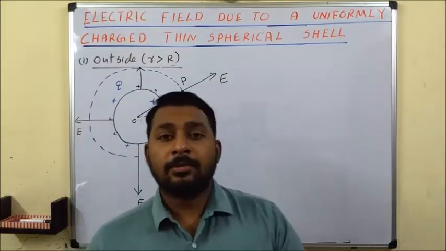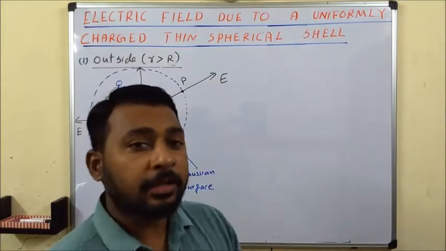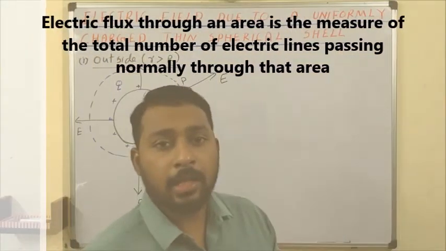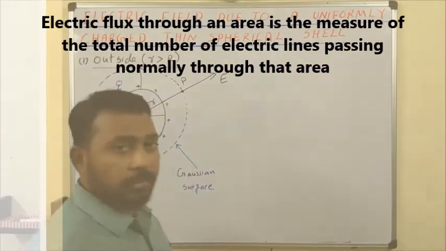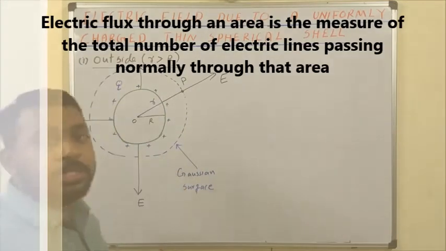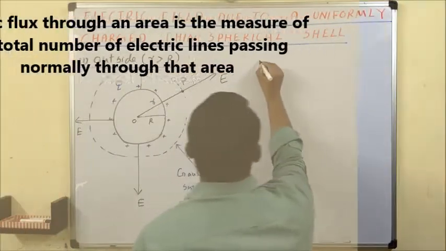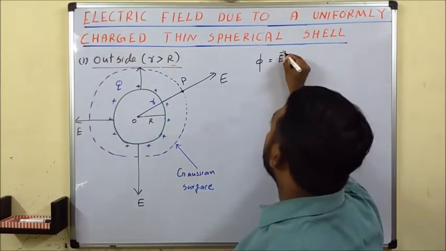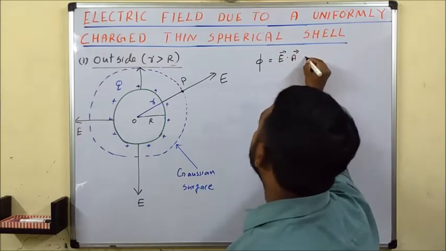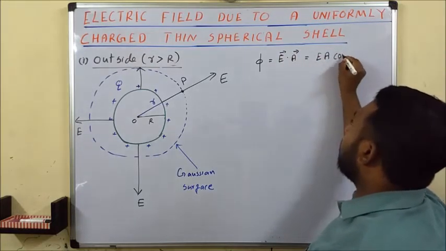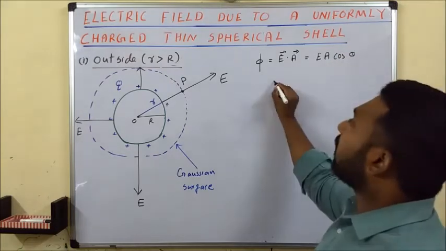Now let's start with the formula of electric flux. What is electric flux? The number of electric field lines passing through an area normally. We are going to find the electric flux through the spherical Gaussian surface. We know the formula: phi is equal to E dot A, that is E A cos theta. And what is theta here?